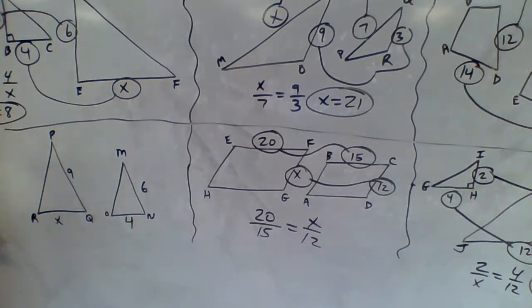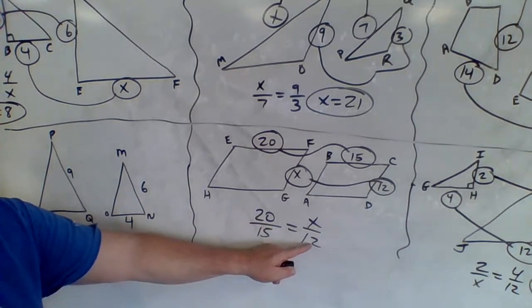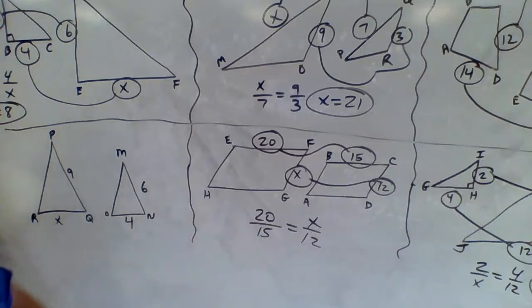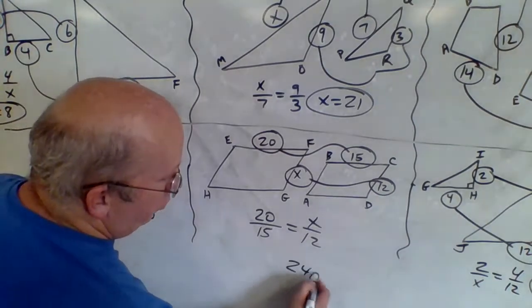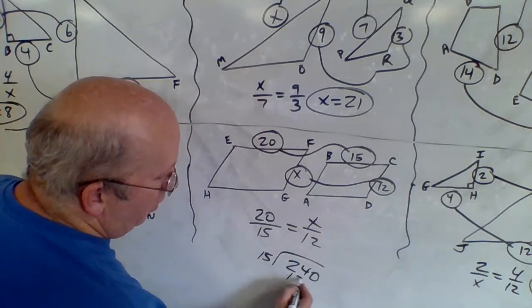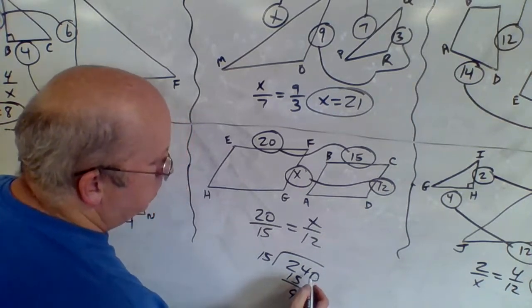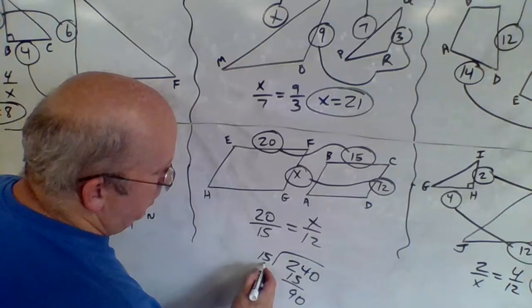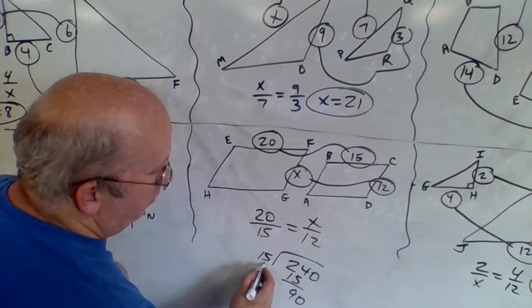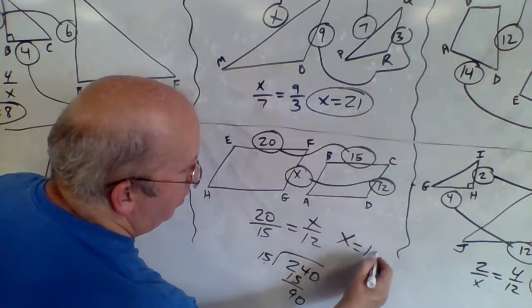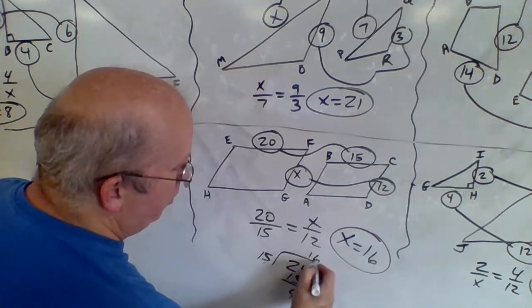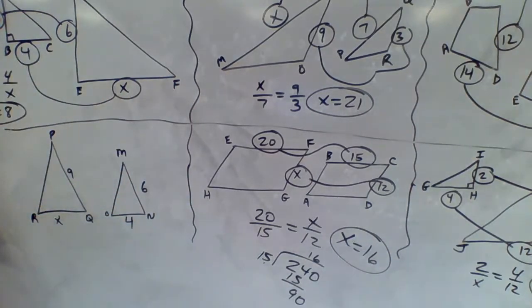I'm going to take 20 times 12, that's 240. 240 divided by 15, I don't have a clue what 240 divided by 15 is. So let's work it out. I get 90. Ooh, like 6 times? Yeah, it is 6 times. So x is 16 in this particular case.